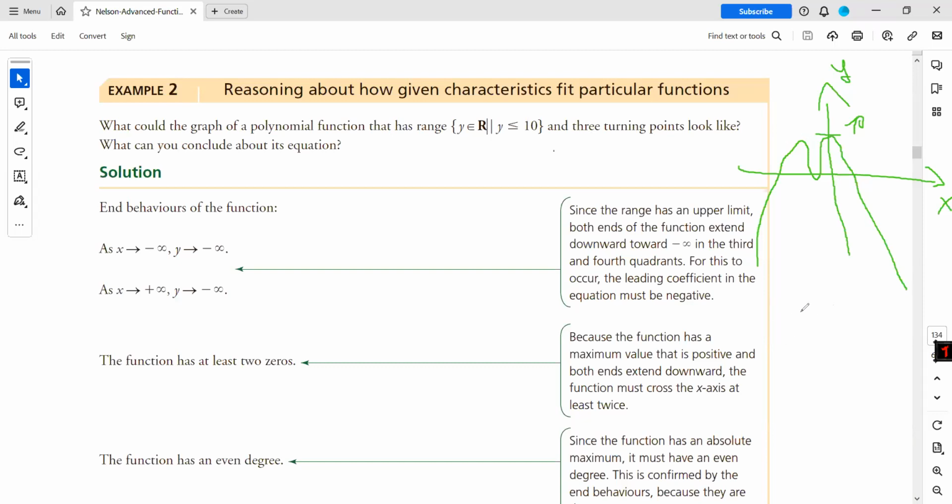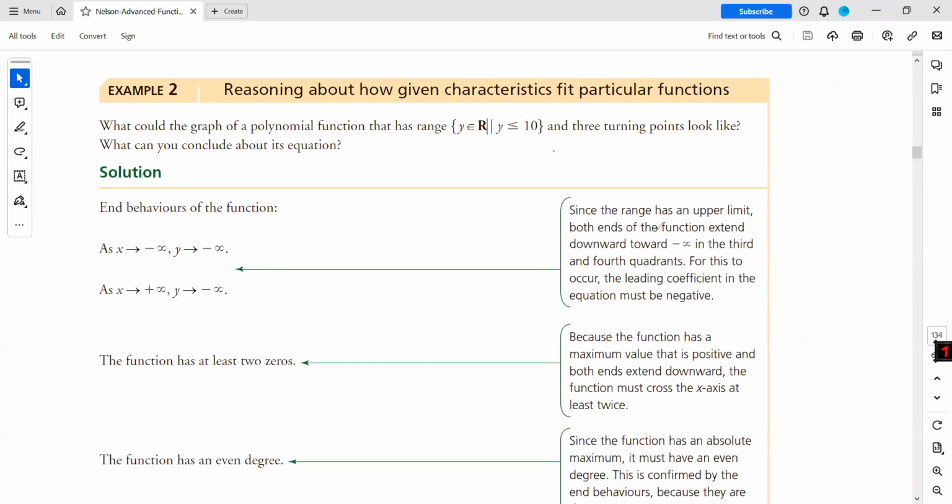So function of 6 degree, 4 degree, 8 degree will fit it. Any of these polynomial functions of degree 4, 6, 8 are even degree functions, and they can have up to 3 turning points. That's my reasoning.